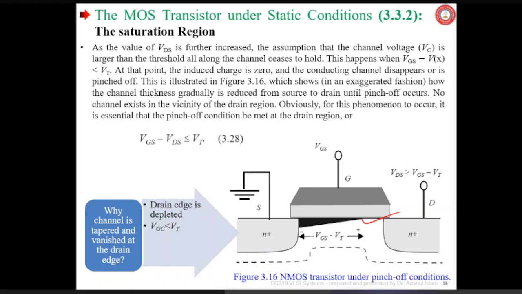So the inversion layer will not exist here. That's why it is written here: VGC less than VT. So in this region, the channel is not getting formed, and the inversion layer is not getting formed. And yes, you said that the drain is depleting. That is also another thing you can consider.